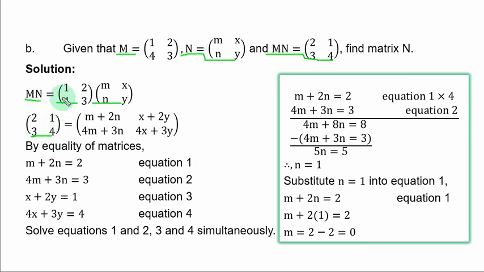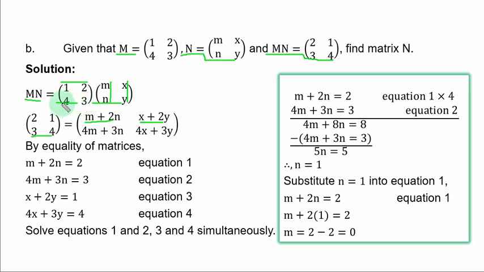So when multiplying, you use this first row to multiply the first column. That is 1 times m is m, plus 2 times n, you have 2n. That is what you have here. If you are done with that, the same first row multiply the second column. 1 times s is s, 2 times y, you have 2y, you add them together.